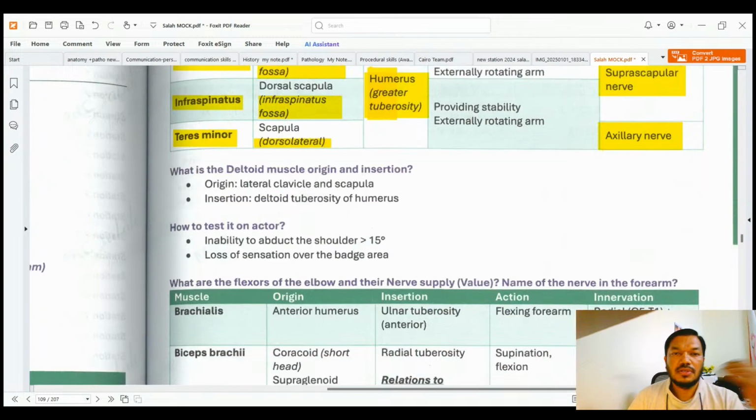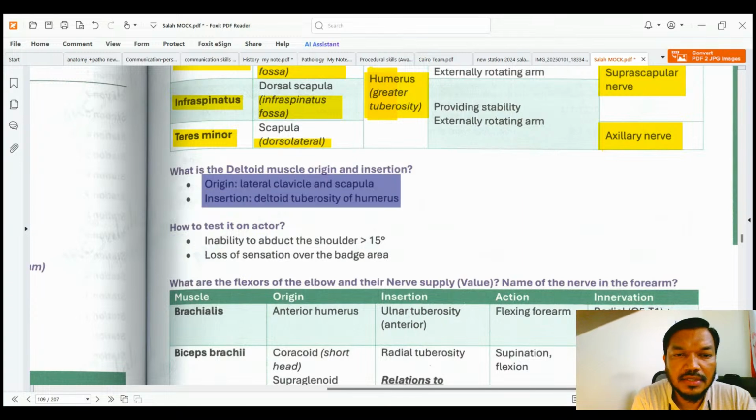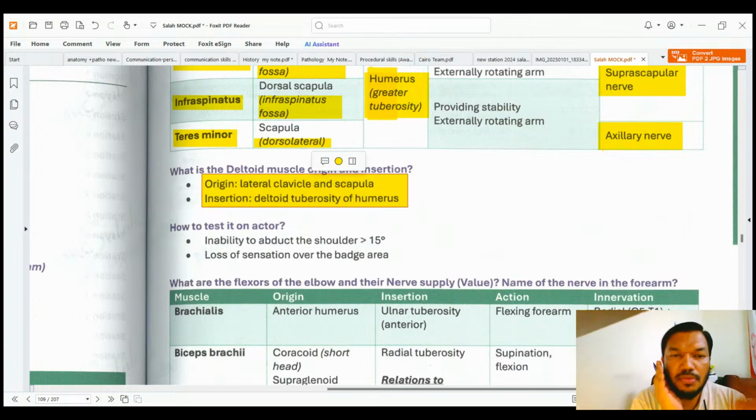What are the deltoid muscle's origin and insertion? Origin: lateral clavicle and scapula. Insertion: deltoid tuberosity of the humerus.